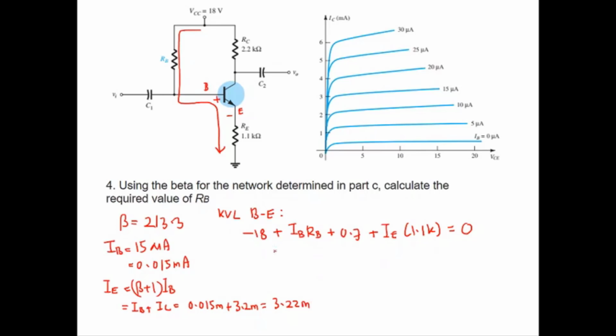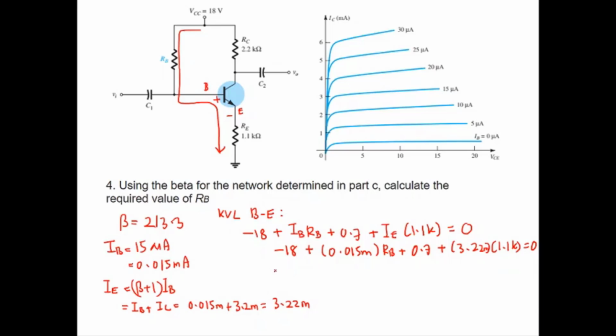So you got minus 18 plus 0.015 milli RB plus 0.7 plus 3.22 milli times 1.1K equal to 0. So you solve all this equation to get this RB.